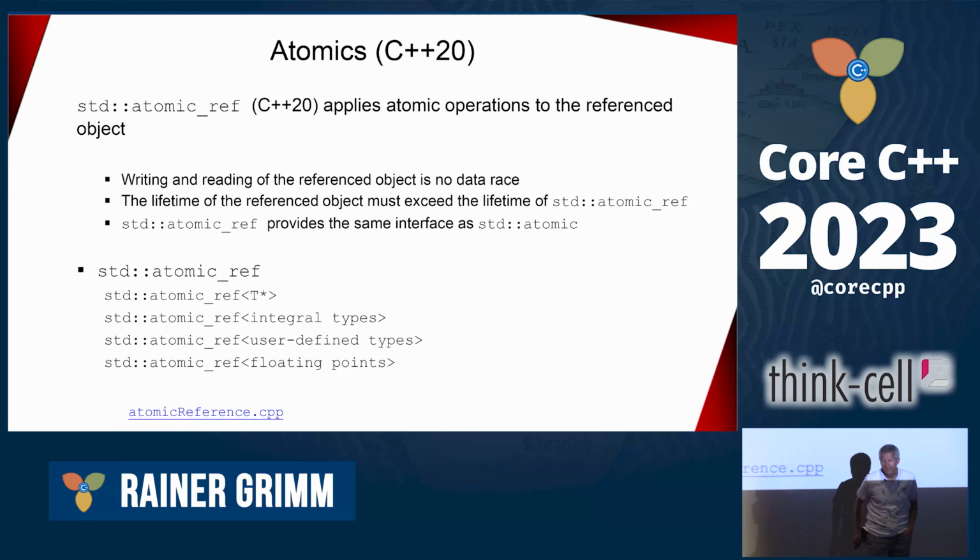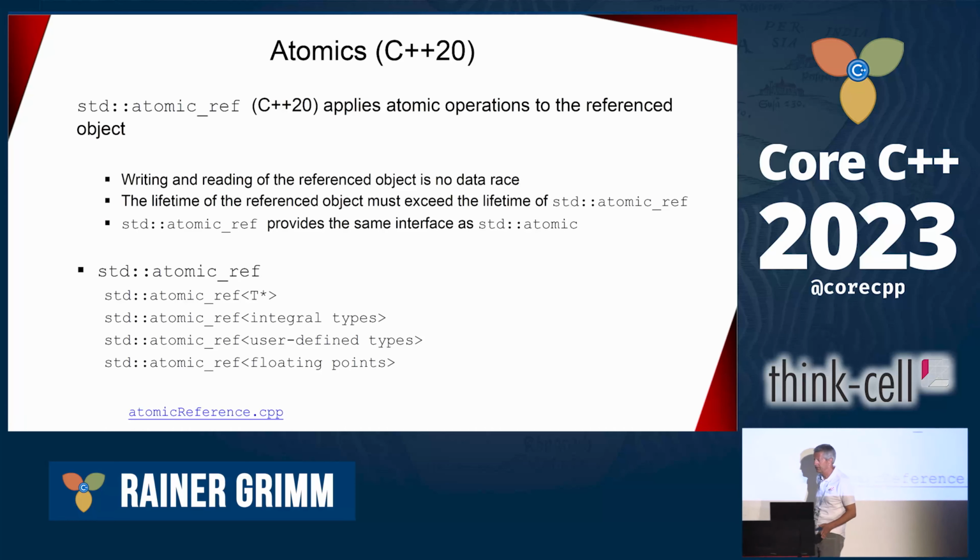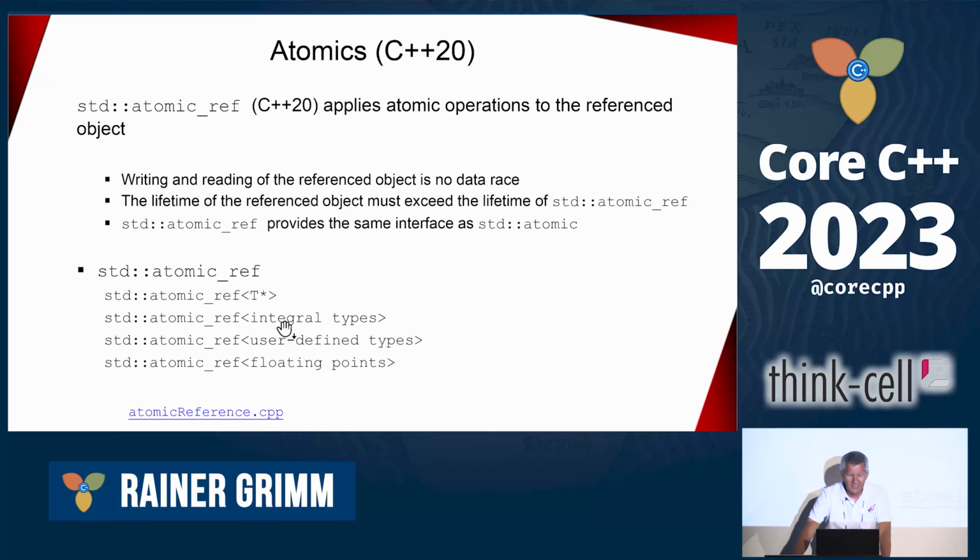We got also atomic ref. This is pretty interesting. So far, only a few people use them. We have specializations for atomic ref. For all the types without the smart pointers, we have also std::atomic. But here's the main point of atomic ref. It protects you, or it protects also the referenced object.